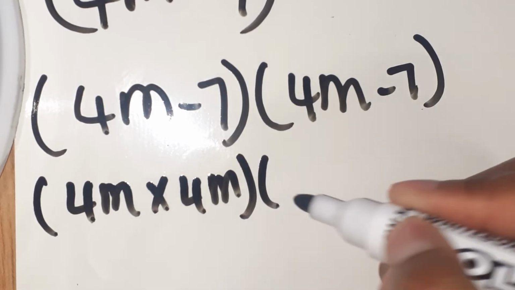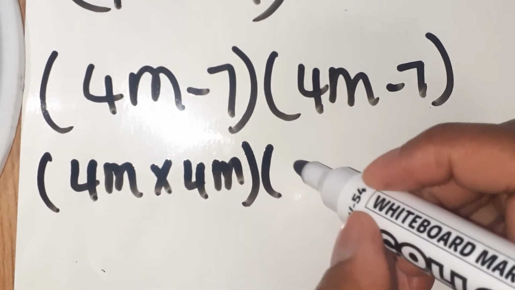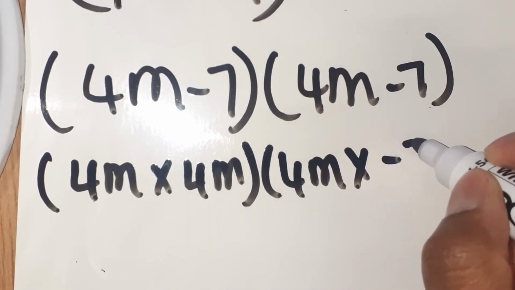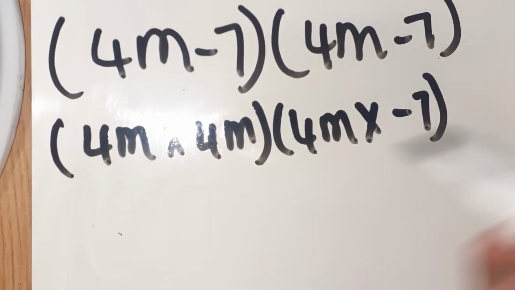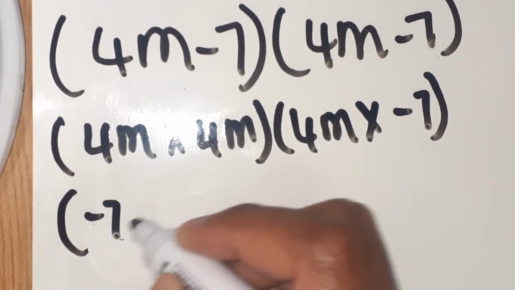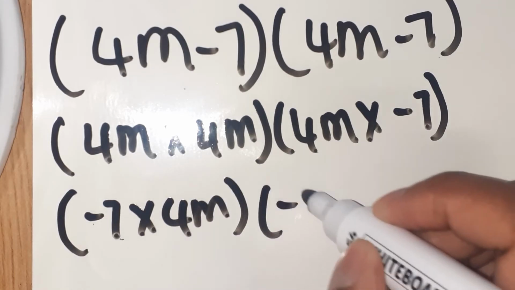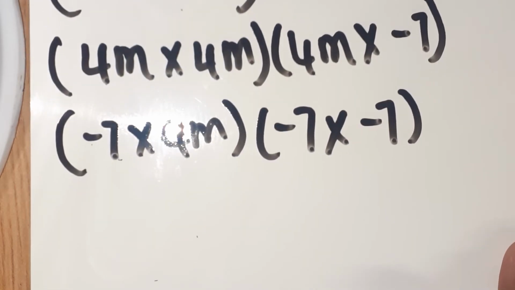I would suggest you do this all the time when you're dealing with this until you are used to it. 4m times negative 7. The minus applies to the 7. And then we have negative 7 times 4m. And then we have negative 7 times negative 7.